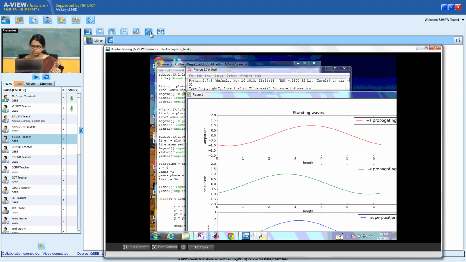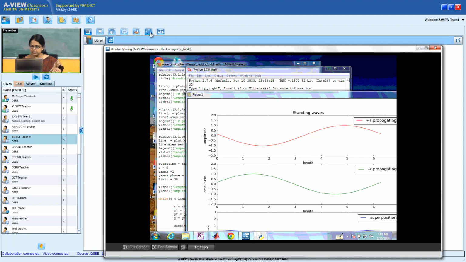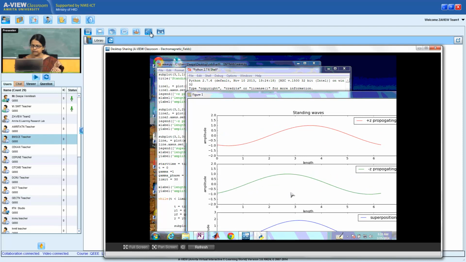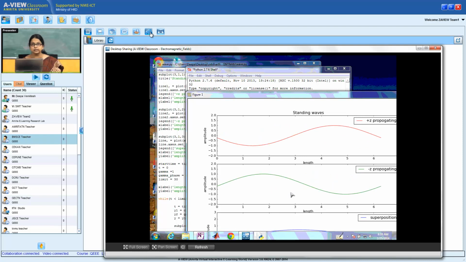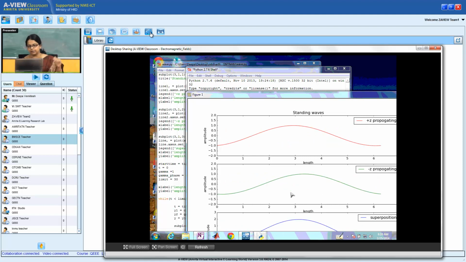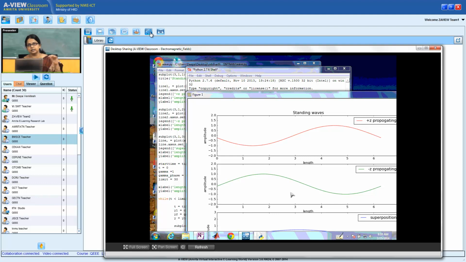On the top, in red, you see a forward propagating, plus Z propagating wave. The green shows the reverse propagating wave. The y-axis is amplitude, the x-axis is length. Both of them are oscillating as a function of time, so these are propagating waves.